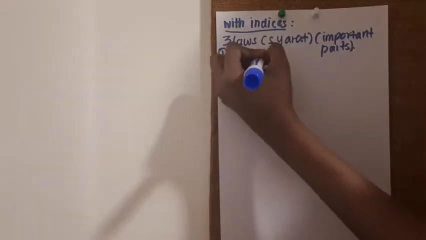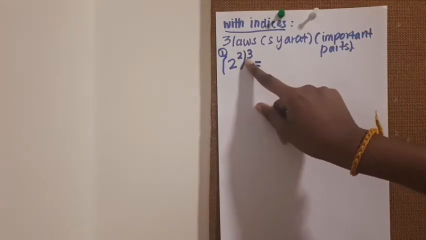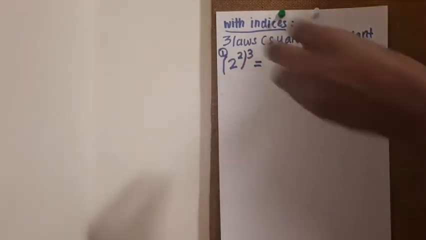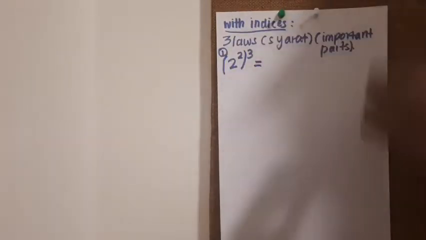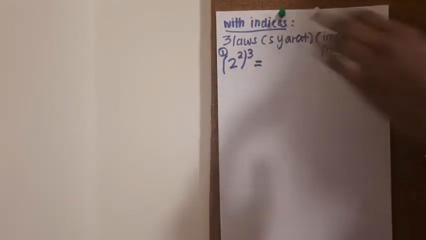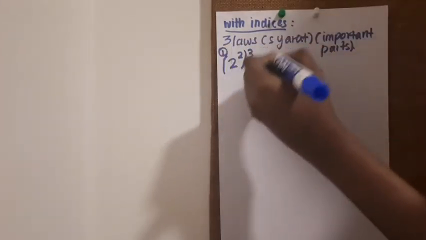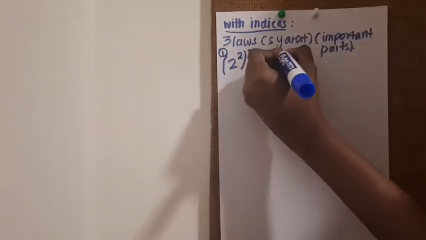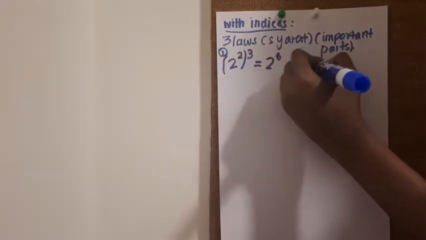The way to solve this is simply multiply. Whenever you see a base with the power or indices and they ask you to power again, always multiply the power. So this is going to be 2 to the power of 6, because 2 times 3 is 6.